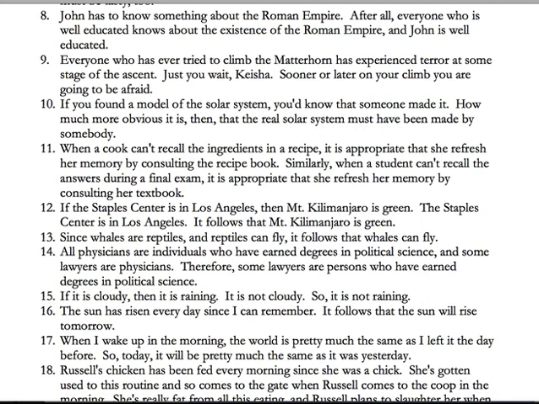John has to know something about the Roman Empire. After all, everyone who is well educated knows about the existence of the Roman Empire, and John is well educated. Take a look at the phrase, after all. In addition, take a look at the conjunction and, which appears after the comma that follows the words Roman Empire.